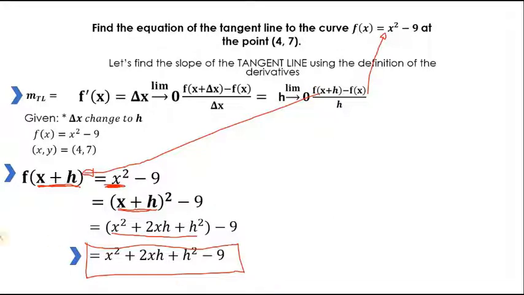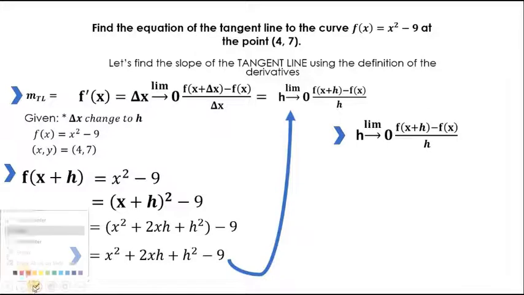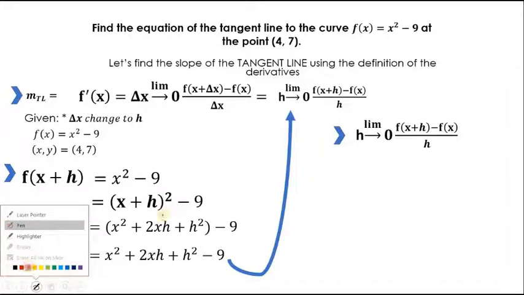So after you solve your f of x plus h, you go back to your original formula. Let me erase all this. There you go. So you substitute in your original formula. That is my original formula. Question is, do I have my f of x plus h?